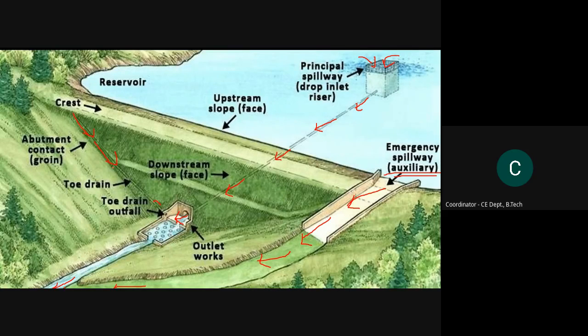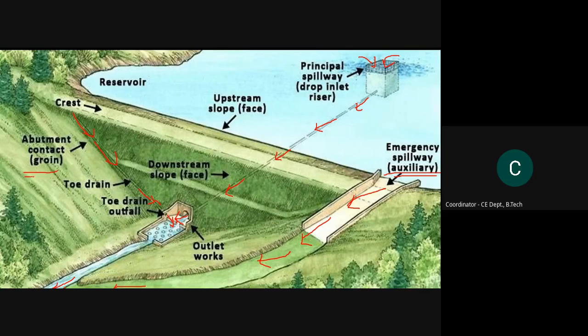That is why it is called the toe drain. It will also join this outlet work, and this is also called the toe drain outfall. This water will eventually join the channel flow of water.